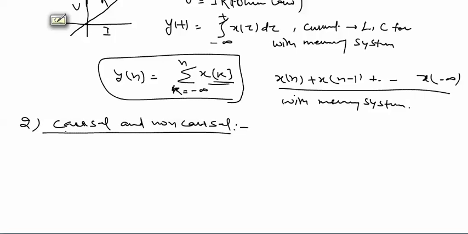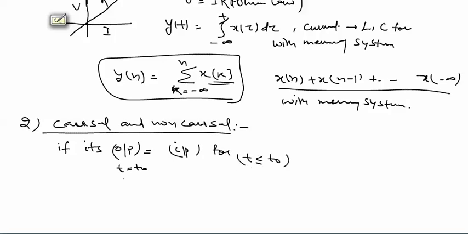A system is called causal if its output at t equals t0 depends on the input for t less than or equal to t0, meaning past value plus present value.